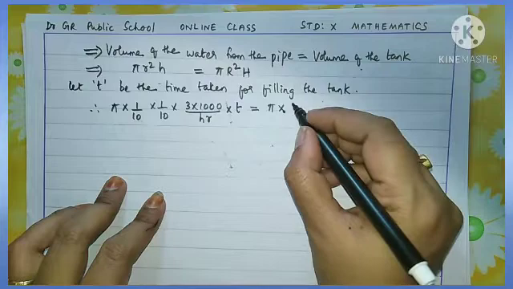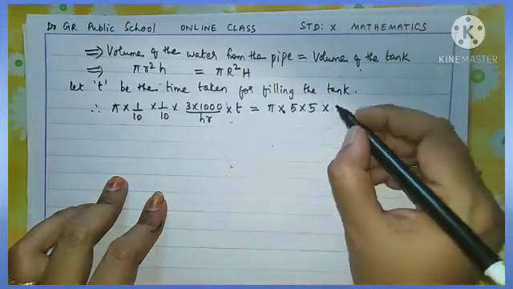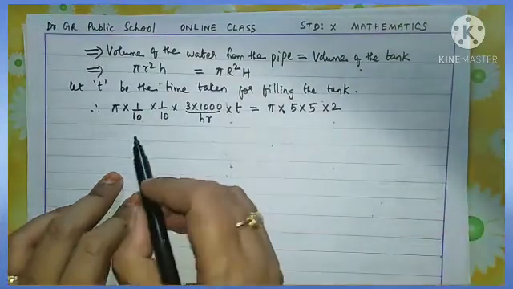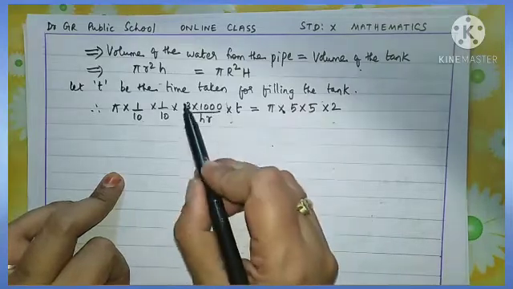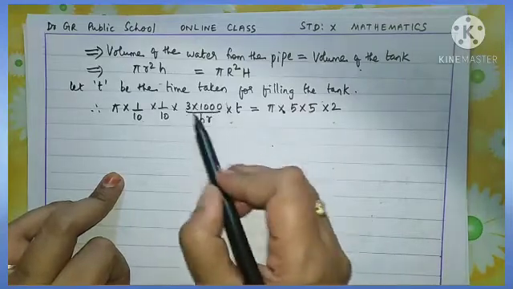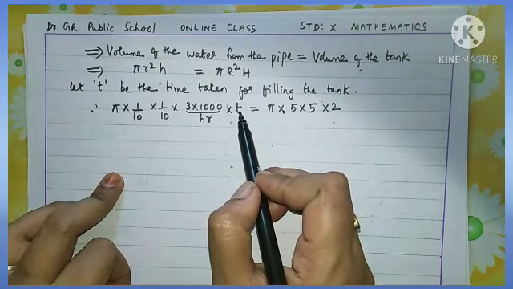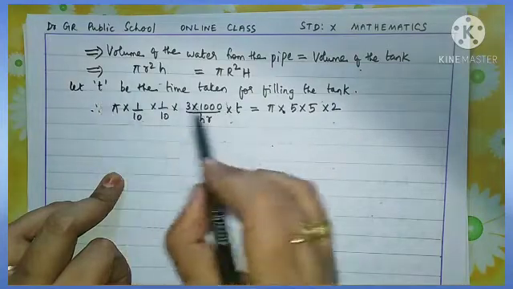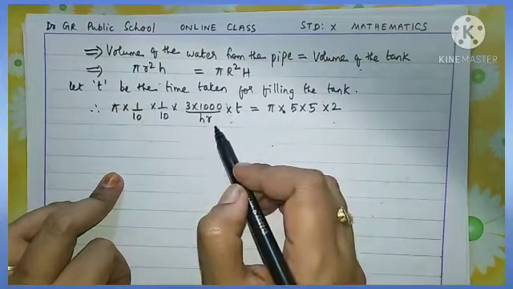Capital R is 5 meters, 5 into 5 into height is 2 meters. Okay, so understood this step? We are writing the distance travelled in 1 hour, and since t is the required time, the total time required to fill the tank is t, so t is multiplied by this speed.